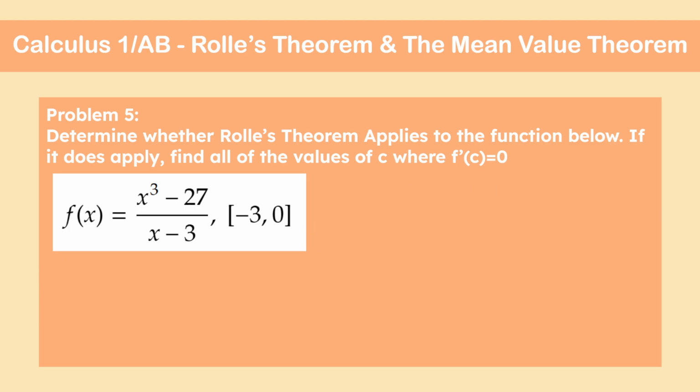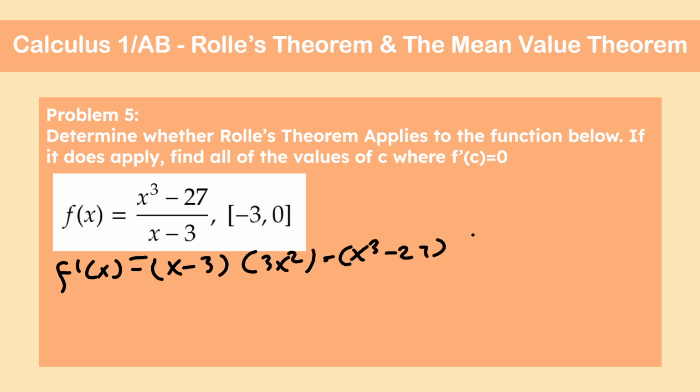So now we're going to find when f'(c) is equal to 0. So we're going to differentiate. f'(x) is equal to [(x - 3)(3x^2) - (x^3 - 27)(1)] all over (x - 3)^2.